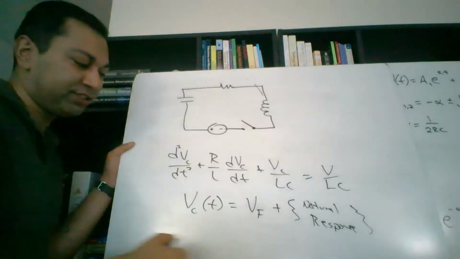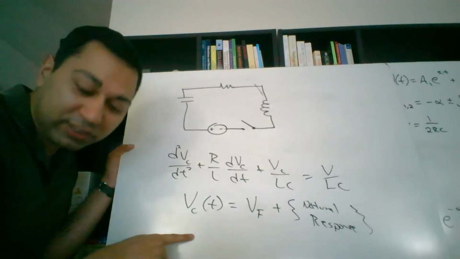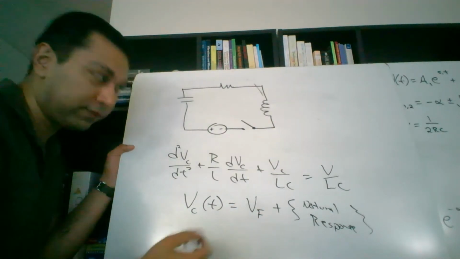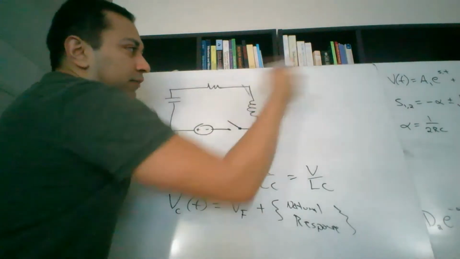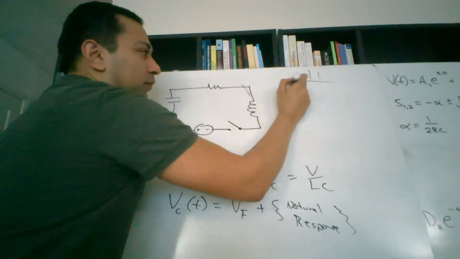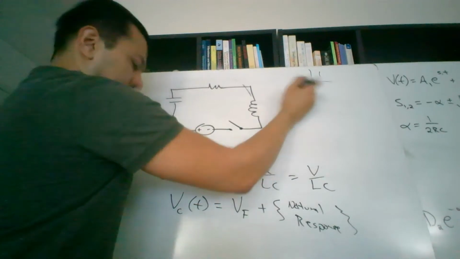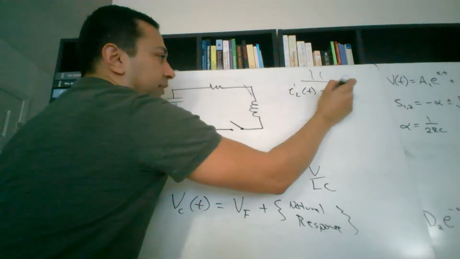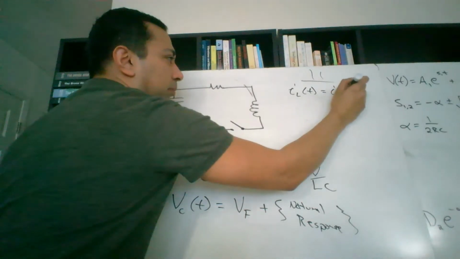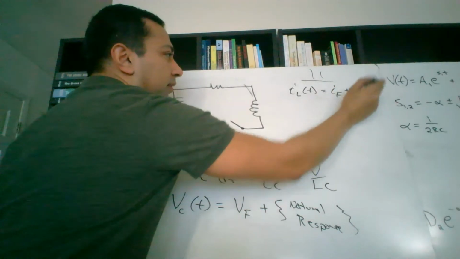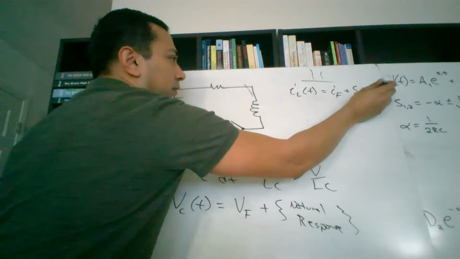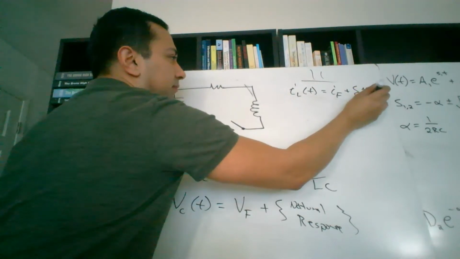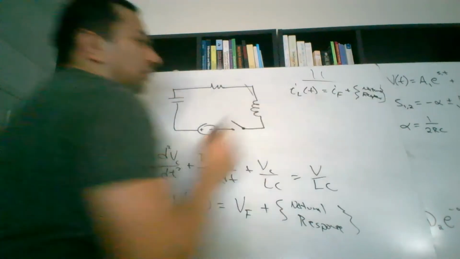And for the parallel circuit, it would just be the current of the inductor. For the parallel case, the current of the inductor as a function of time is going to be given by the current final plus the natural response. Okay?